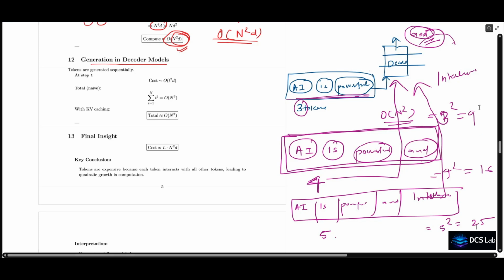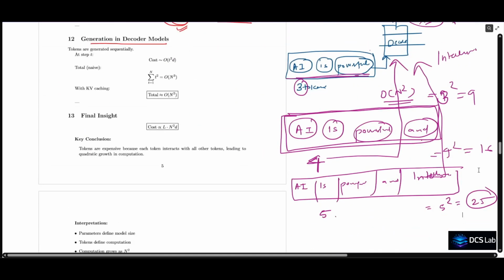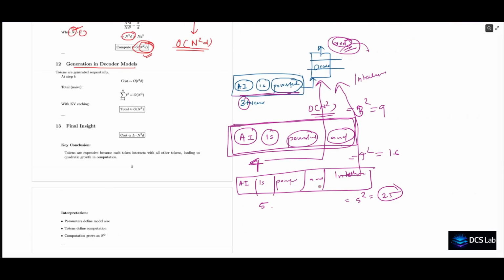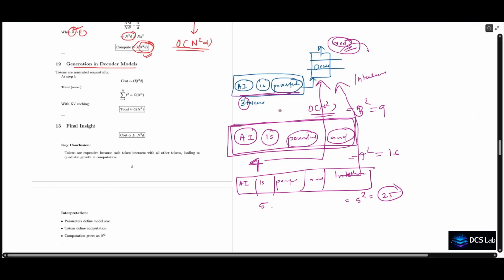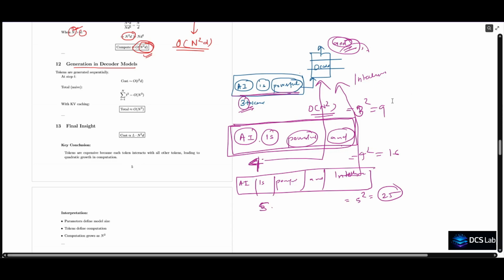If you observe carefully, what is happening is the number of computations is increasing with the increase in the number of tokens taken into account. And every time you are generating a new token, you are increasing the count. Initially you had 3, you generated one token, the count becomes 4. You generated one token, the count now becomes 5. And the costs are also exploding in order.